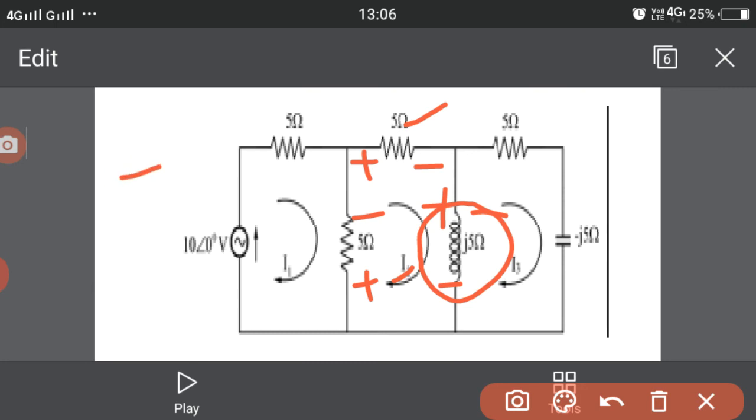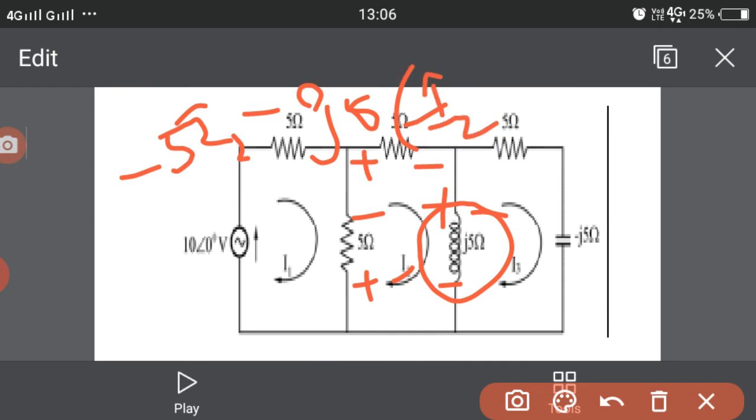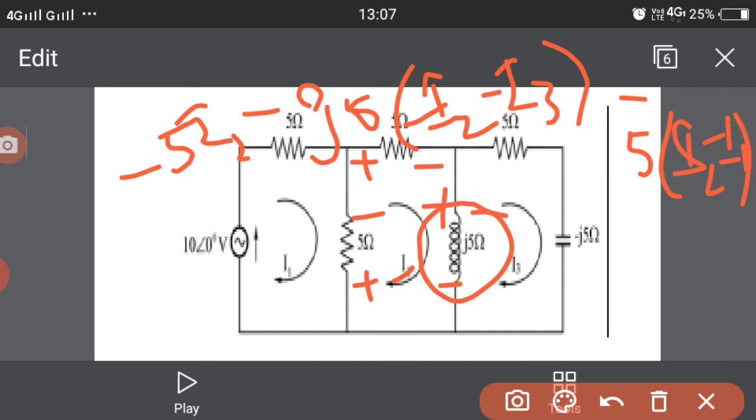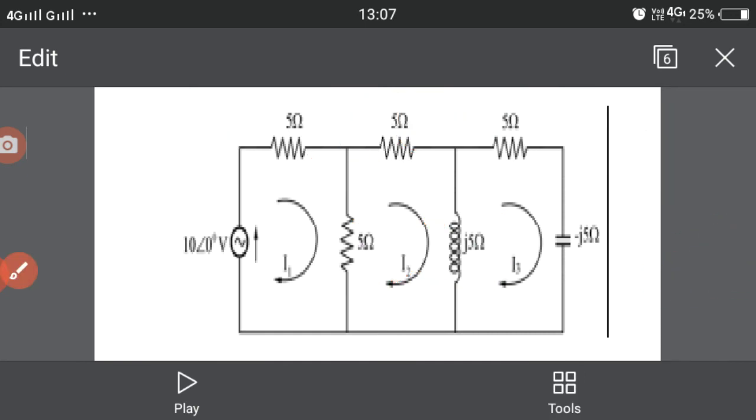So the second equation is minus 5 into I2 minus J5 into (I2 minus I3) minus 5 into (I2 minus I1), equal to 0, as there is no voltage source. That is the second equation.